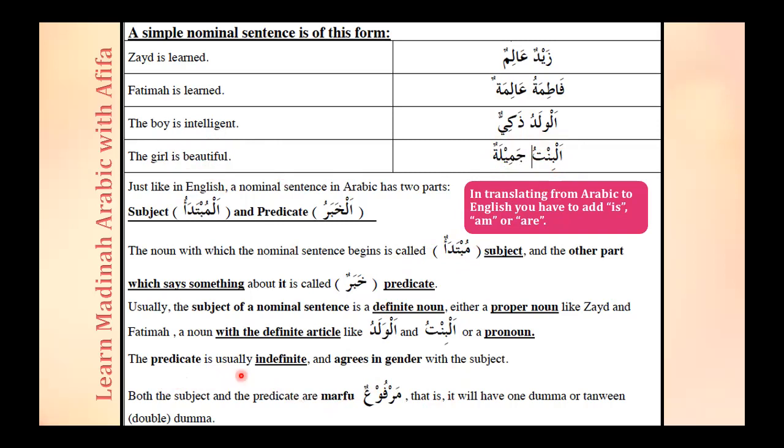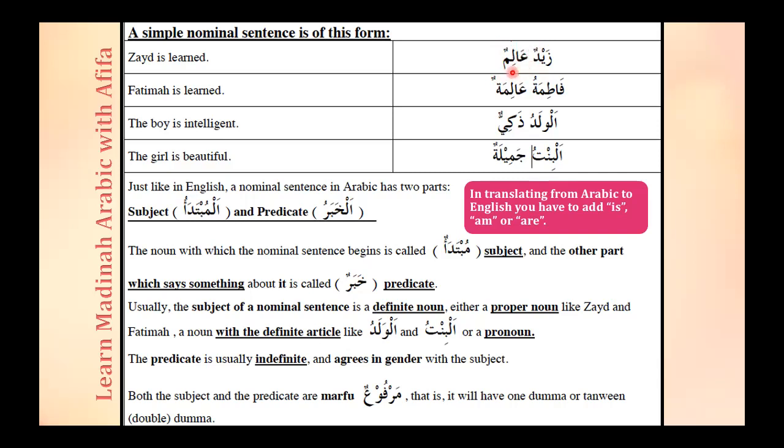So now the predicate, please observe over here, is indefinite, right? You remember indefinite from our last lesson? Indefinite means it's generally indicated by that tanween at the end. It's not definite. If it was definite, it would be al-alimu. It would have an al in front of it, but it doesn't, right?